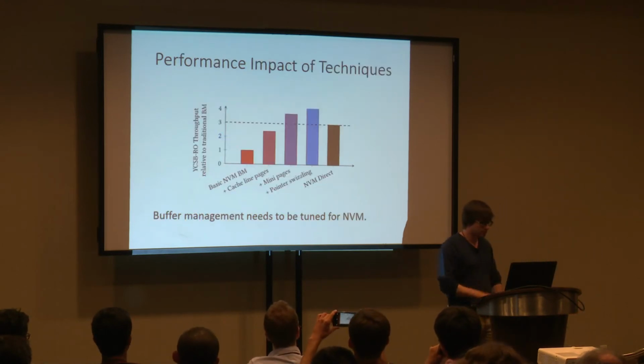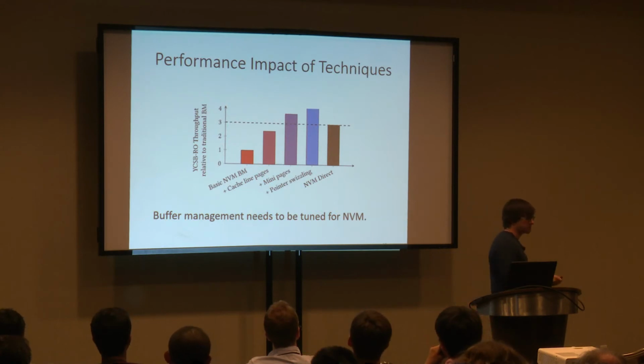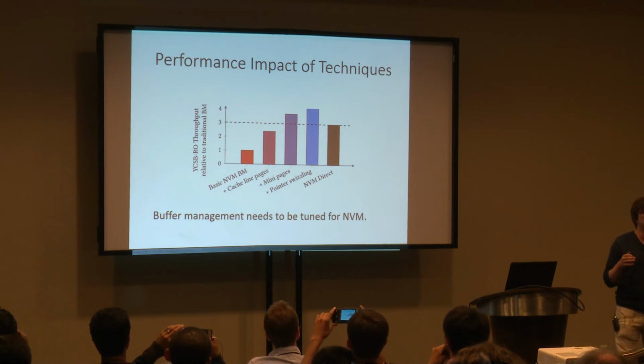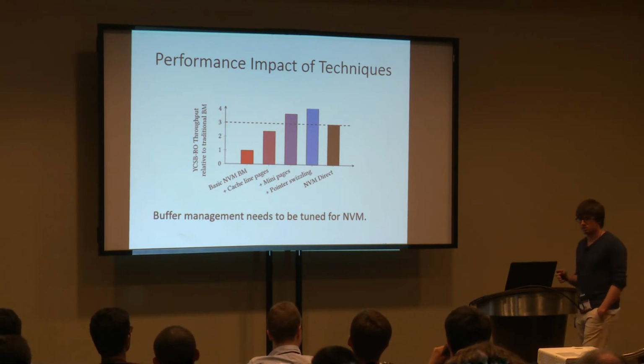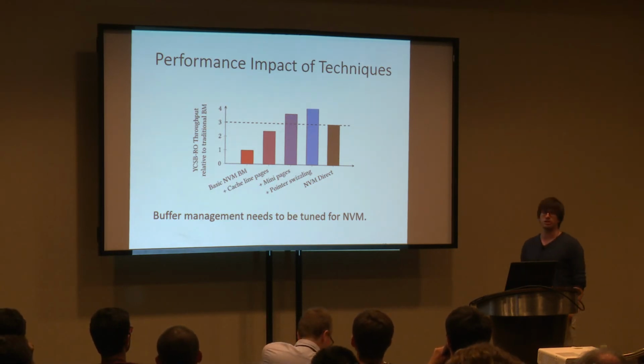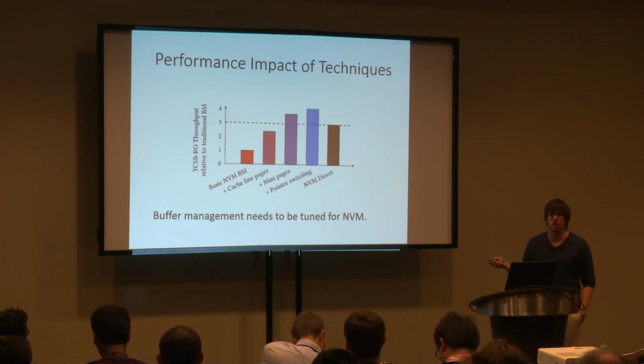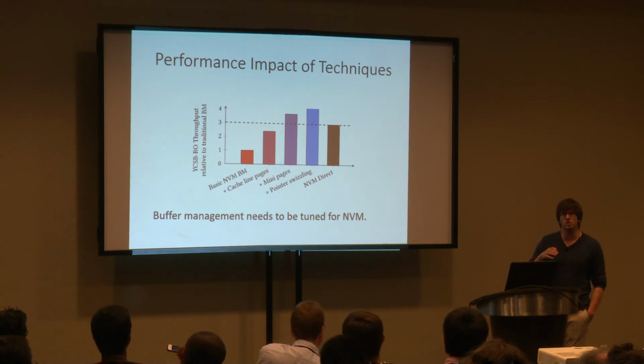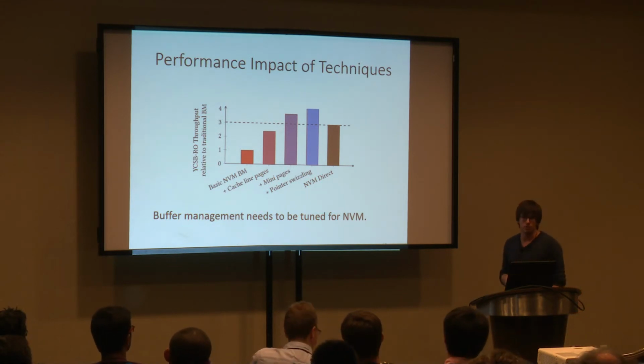And now let's summarize this and look at what all of these techniques give us. On this chart, from left to right, we subsequently add these techniques to a simple, basic non-volatile memory buffer manager. You can imagine this as a buffer manager which just works with NVM instead of SSD, so it doesn't use any of these new features we have.